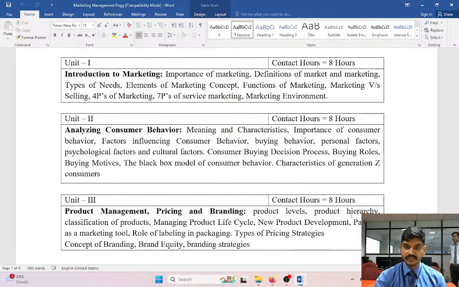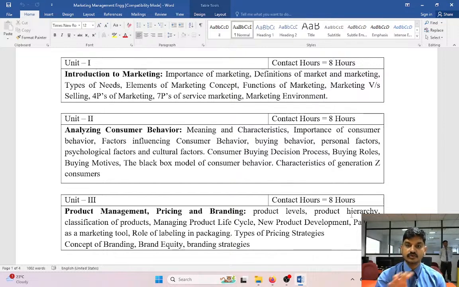So this module initially, to begin with, focuses on understanding consumer behavior, importance of consumer behavior and various factors that influence consumer behavior. Your financial ability, demographics, your cultural aspects. These are all the entities which directly or indirectly affect the way a consumer chooses a product or a service.